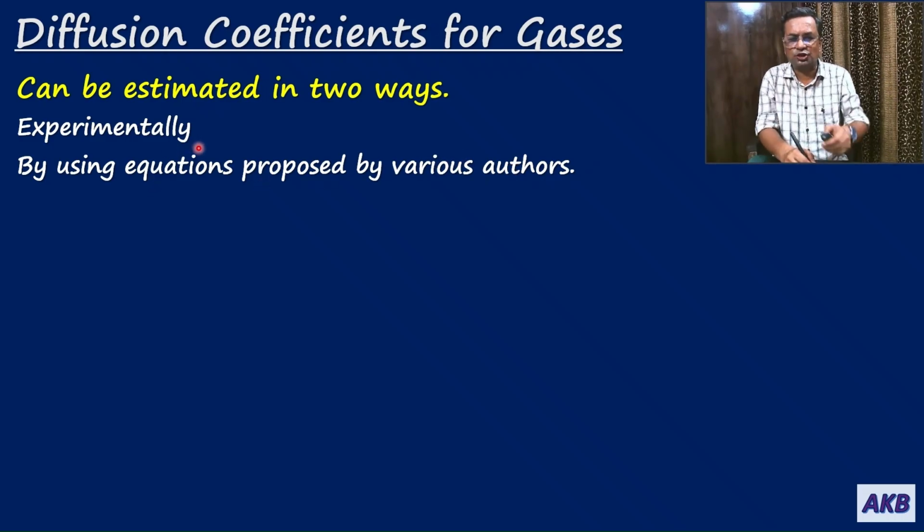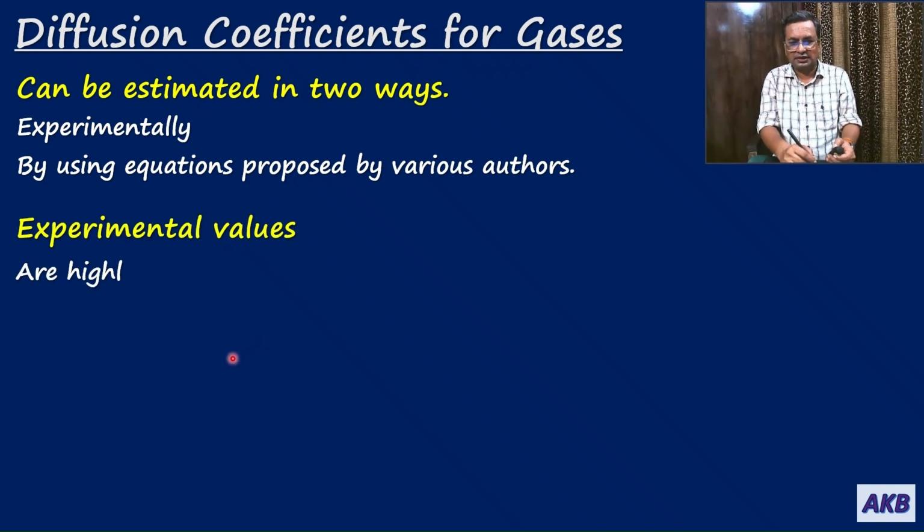So wherever it is possible to carry out experiments and collect the experimental data, you can easily find diffusion coefficients experimentally. But in the absence of experimental data, or where it is not possible to carry out experiments, then you can use equations that are available in the literature.